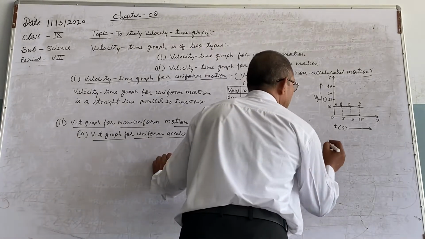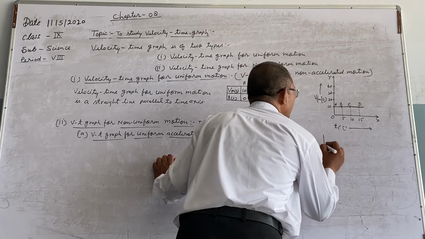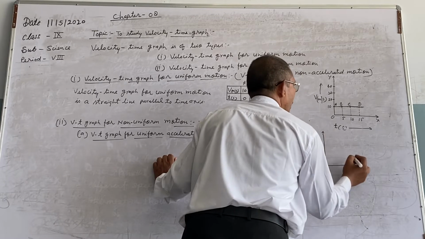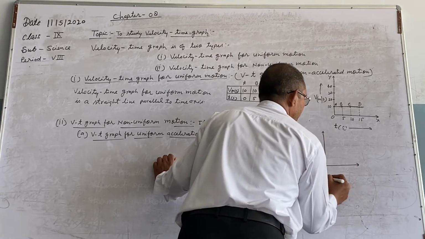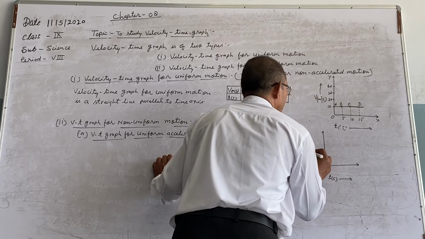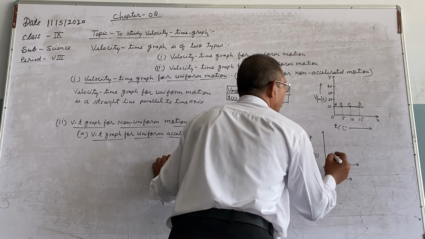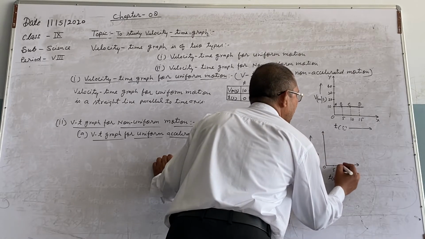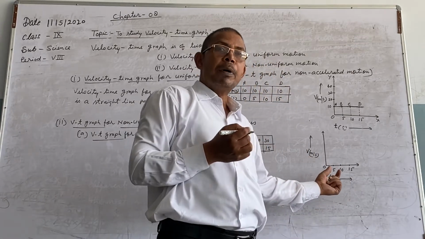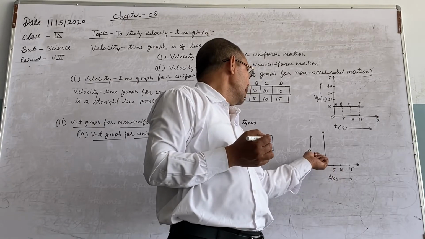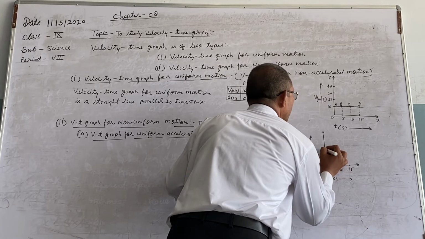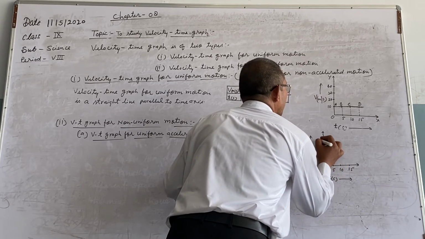Using this data, draw velocity time graph. Time in second, velocity meter per second. What will you get? 5, 10, 15. Let on graph paper 1 centimeter equal to 5 seconds. Here on graph paper 1 centimeter equal to 10 meter per second, 10, 20 and 30.